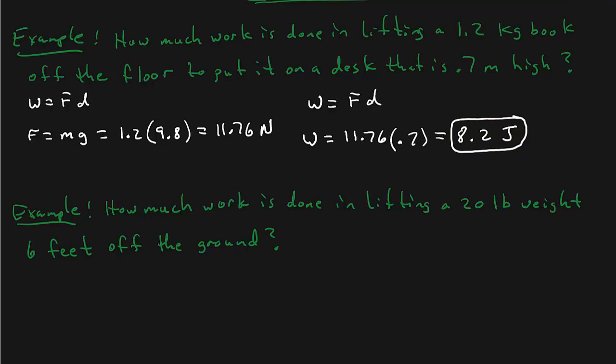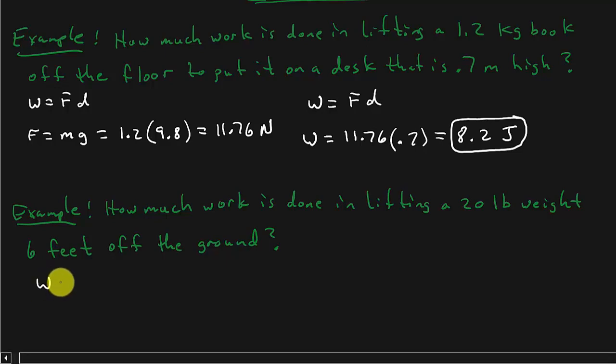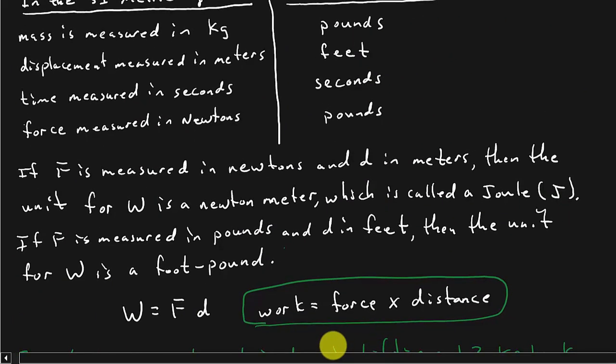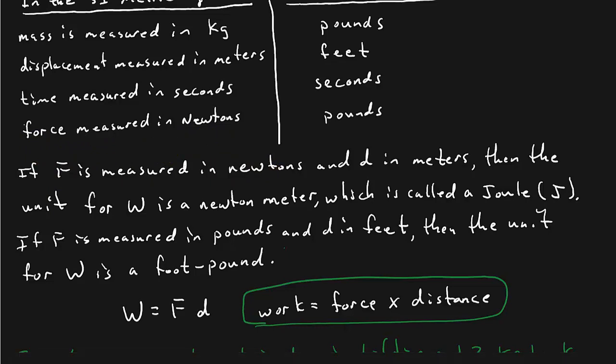All right, so for the next problem, how much work is done in lifting a 20-pound weight 6 feet off the ground? Well, this is going to be the same thing, work equals force times distance. Now keep in mind, if the force is measured in newtons, that's the metric system.